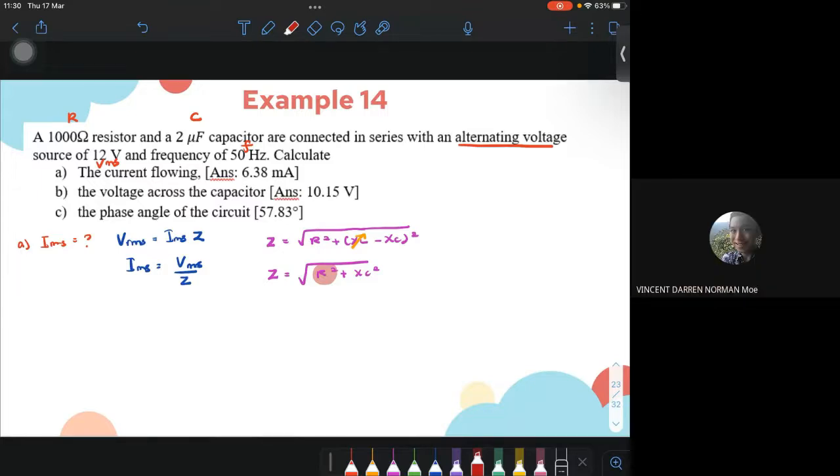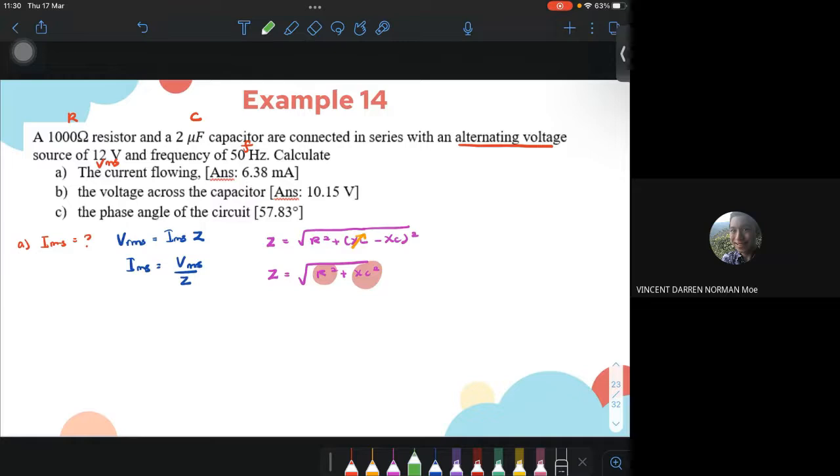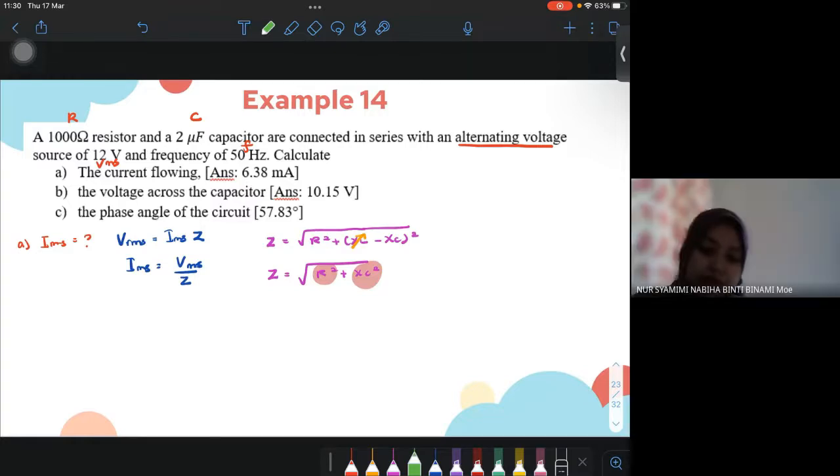Okay, do we have R? Yes. Do we have XC? No, but we can find it. We can find XC by using formula 1 over 2 pi FC. So 1 over 2 pi, the frequency is 50. The C is 2 micro, so 2 times 10 to the power of negative 6.